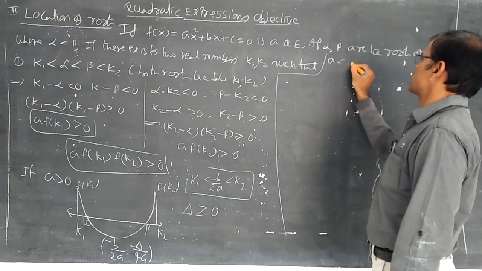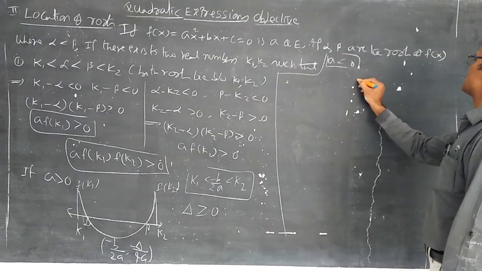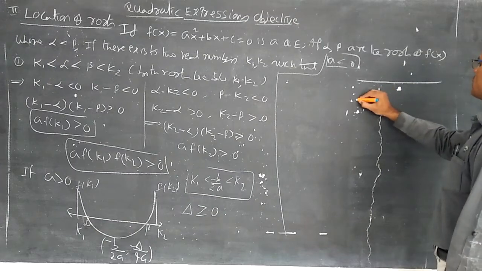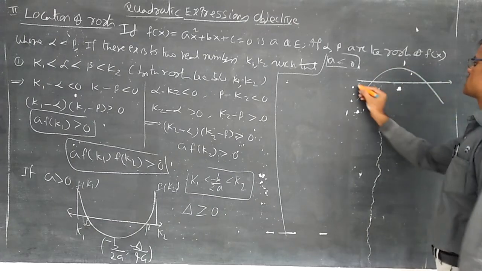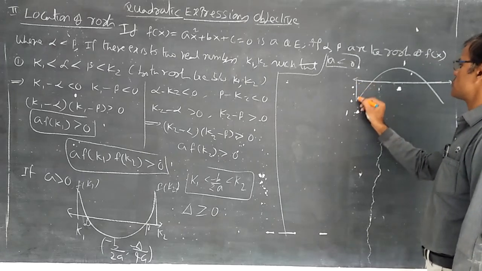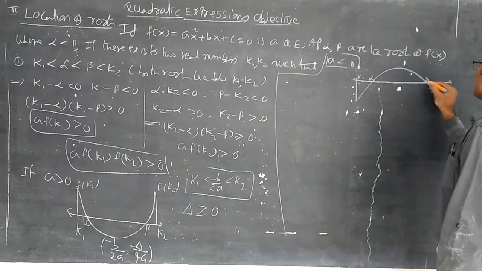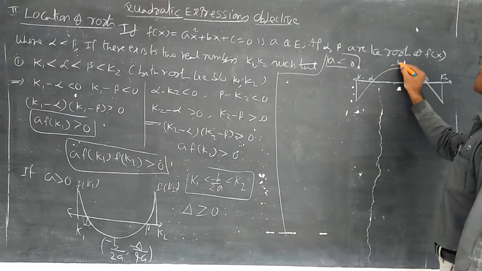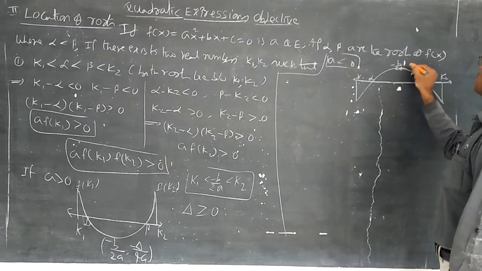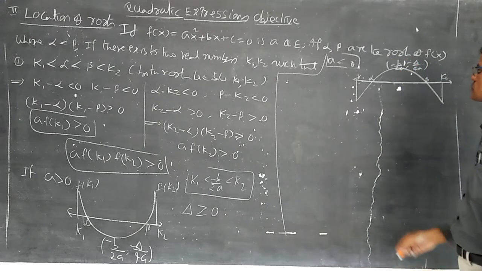Let us write the second graph, a less than 0. Whenever a less than 0, the graph of the quadratic equation is a downward parabola. We are discussing k1 less than alpha less than beta less than k2. Here the vertex is minus b by 2a comma minus delta by 4a.